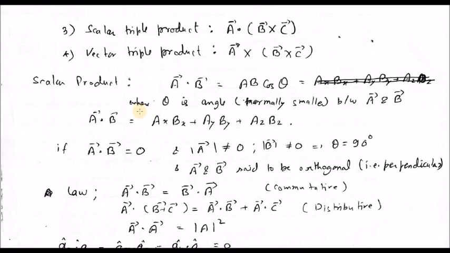Now we will discuss in detail the products. So scalar product A dot B is AB cos theta, where theta is normally the smaller angle between A and B, and mathematically A dot B is AX BX plus AY BY plus AZ BZ, where these are components of A and B in X, Y and Z direction.